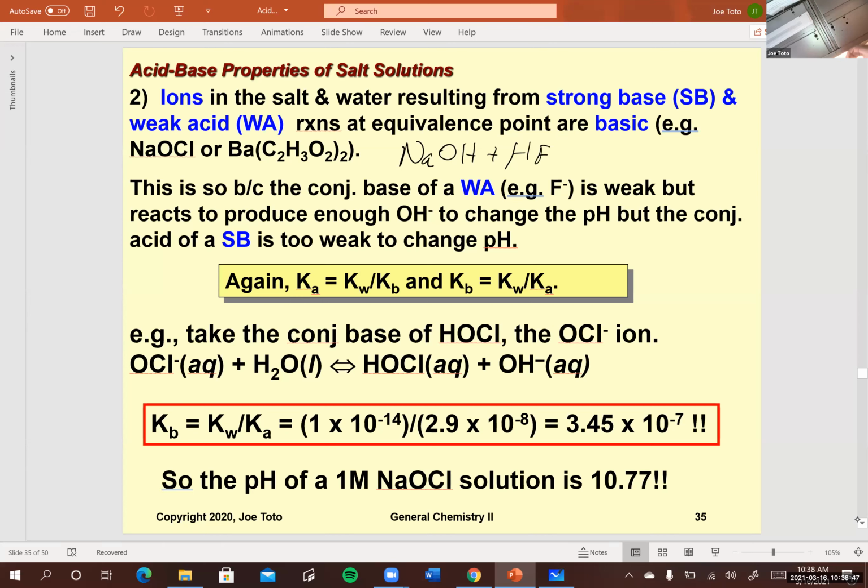And from our argument before, when I have a strong and a weak, it's not an equilibrium. It goes to completion to form salty water. So I get H2O plus NaF. But I know from my solubility rules that it's really Na+ aqueous plus F-. There's my salt.